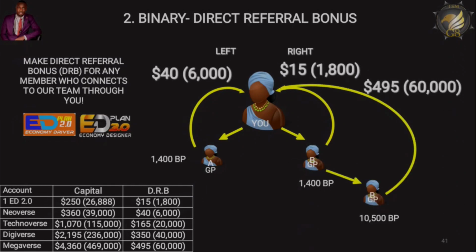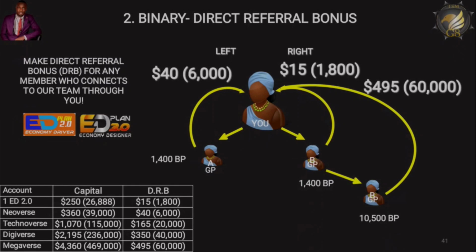If you connect your third friend with a Megaverse package, you make 495 US dollars as your direct referral bonus, okay? So it does not matter which package you have, whether it is an ED 2.0 account or an ED 3.0 account. As long as you are able to connect any person, you are going to make more and more direct referral bonus with any of these packages, okay?